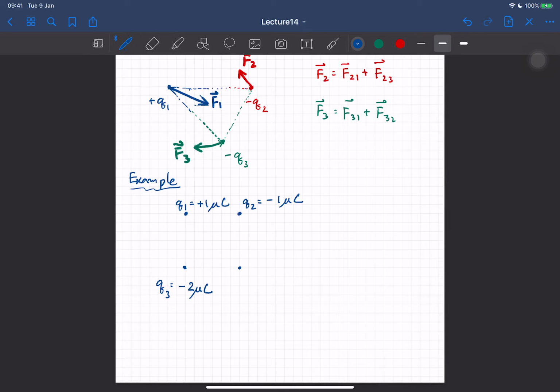And then Q4, which is here, is plus 1 microcoulomb, like this. And this is a square where the length of the square, let's say, is 1 centimeter. Okay, I just made this number up. So this is also 1 centimeter here.